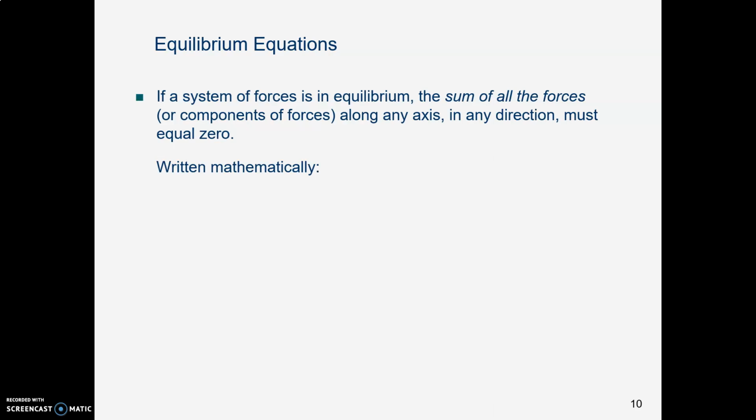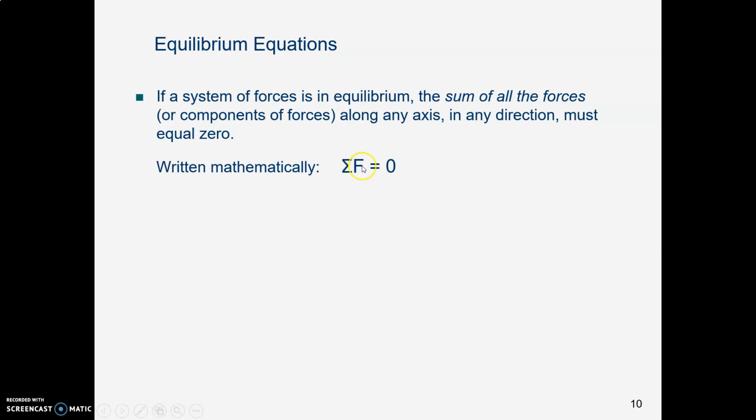Okay, so if you've got a thing in equilibrium, which means it's not moving, then all of the forces in any direction have to add up to 0. And you could write this as a mathematical equation, and it would look like this. The sum of all forces equals 0.